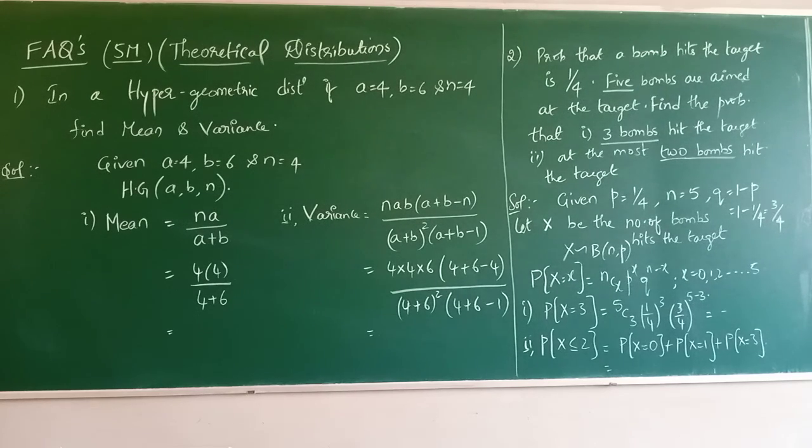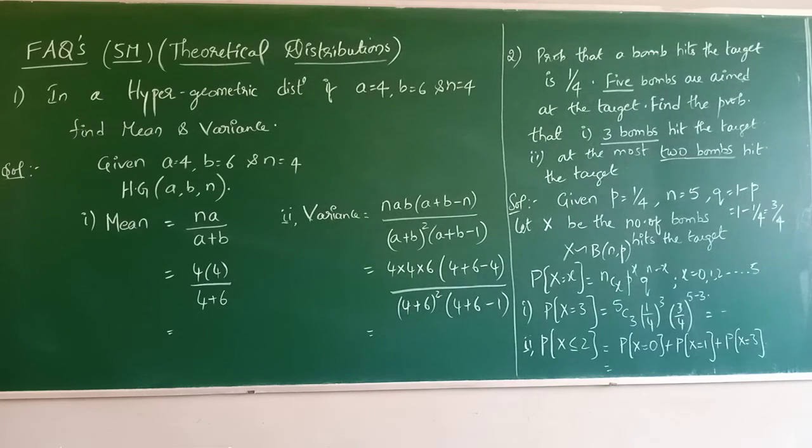And 5 bombs are aimed at the target. So 5 trials have been done. That means 5 is nothing but N. N is given as 5. Then you must recognize that N and P are the parameters of the binomial distribution.